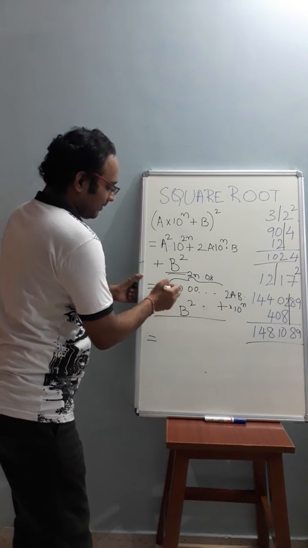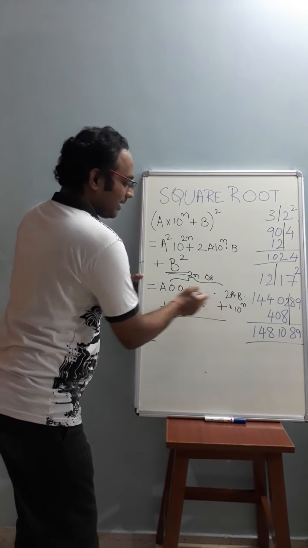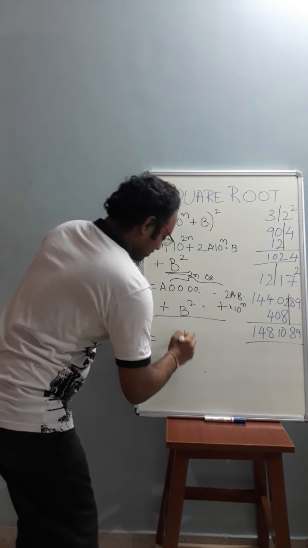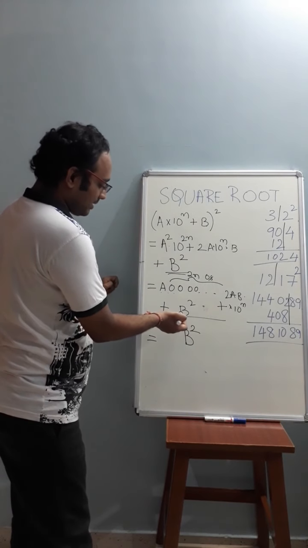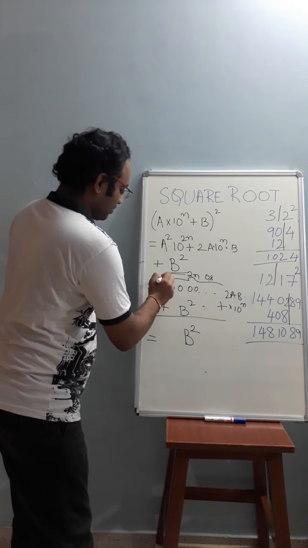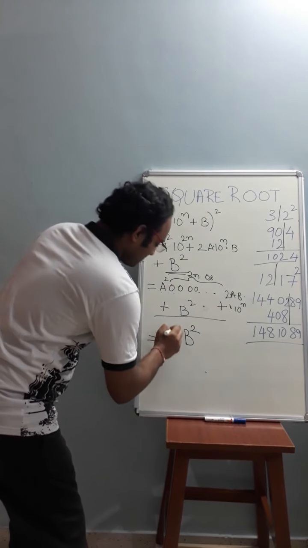Above b square we have 2n number of zeros, so a square comes as it is, because b square can have a maximum of 2n digits.